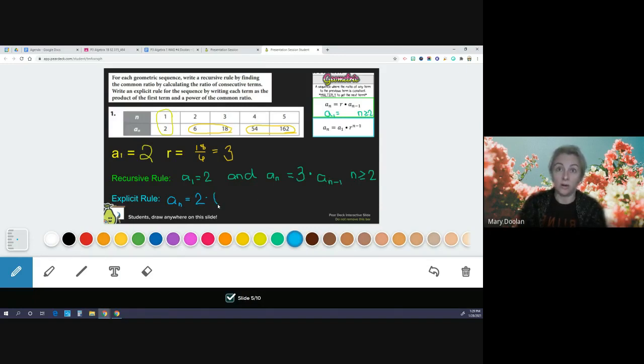So instead of just writing the letter r, we're going to put what r is. It's 3. And this is to n minus 1. That one's a little shorter, right?